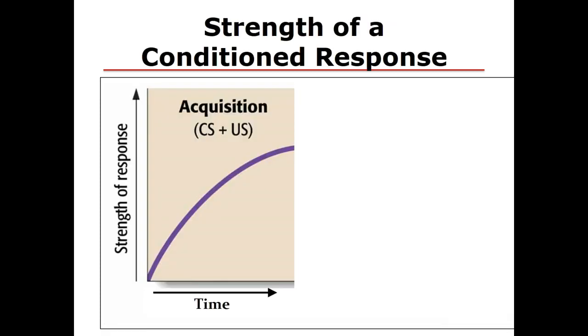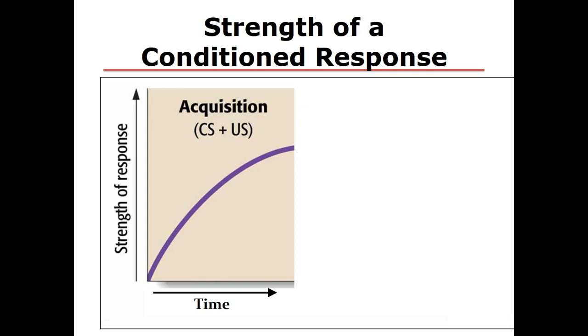Now let's add some new vocabulary to your knowledge base. The conditioning period, whereby the neutral stimulus precedes the unconditioned stimulus until it becomes a conditioned stimulus, is referred to as acquisition. That is, the learned response to the conditioned stimulus is acquired because of the conditioned stimulus and unconditioned stimulus association.